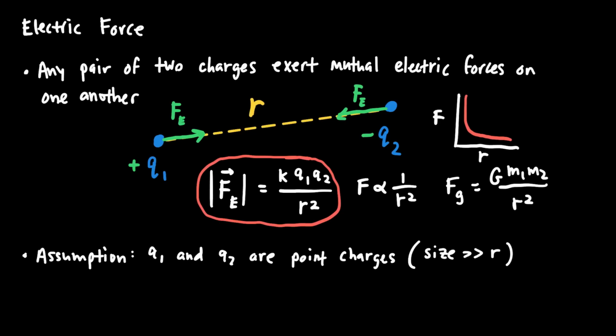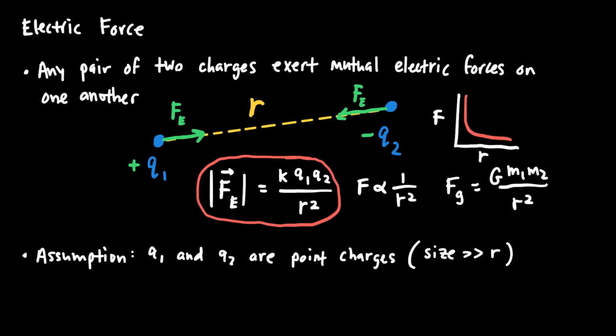If I get to the point where there are a couple of objects that have a charge, then those two charged particles exert electric forces on one another. Anytime there are two charged particles, they can exert electric forces on one another. And it only works if there are two.